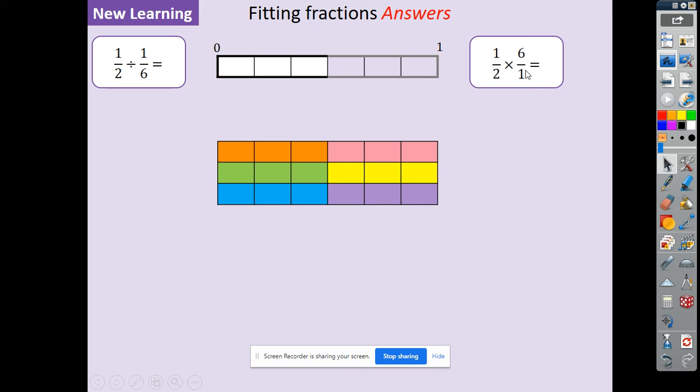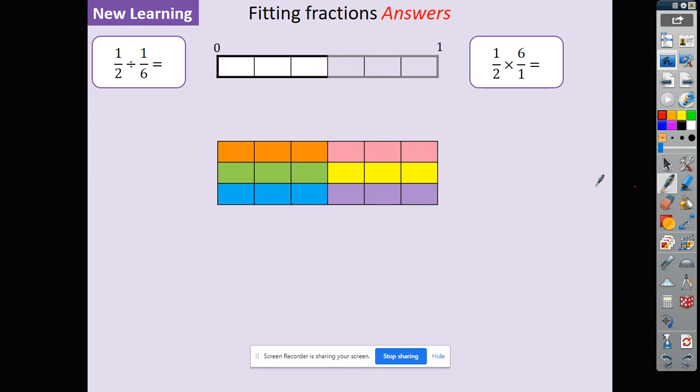So this is the same as saying 6 lots of a half. So if I've got 6 lots of a half, I've got 1 half, 2 halves, 3 halves, 4 halves, 5 halves, 6 halves. Okay, and so I know that that's 1 whole, that's then 2 whole, that is 3 whole. So I know that it equals 3.